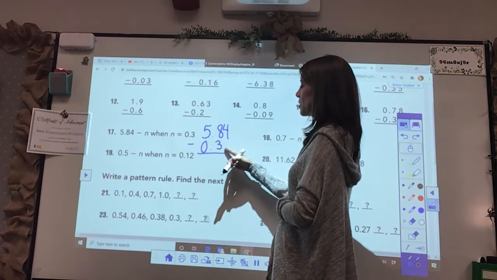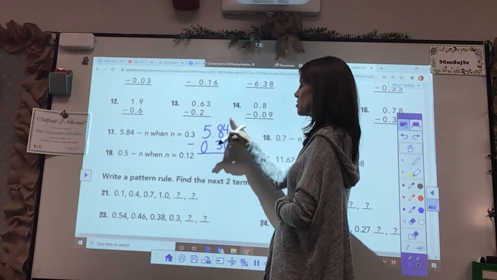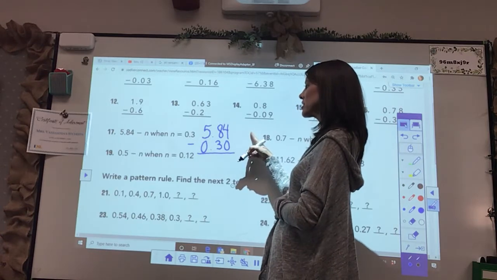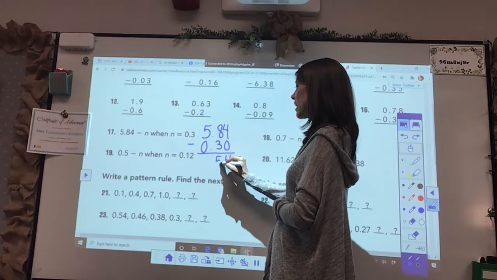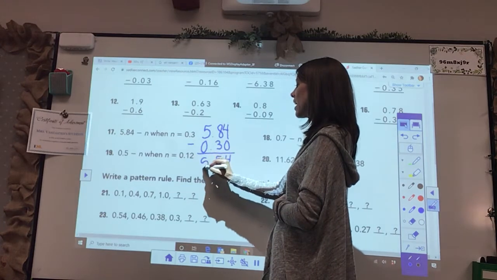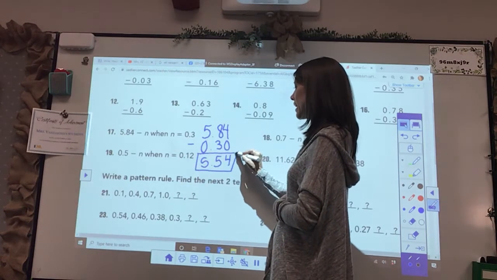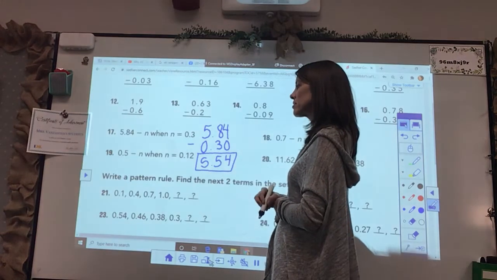All right, here we've got this blank spot, so I'm just going to fill it in with a 0 so everything's nice and neat, and we can do our subtraction. 4 minus 0 is 4. 8 minus 3 is 5. 5 minus 0 is 5. So we have 5 and 54 hundredths.